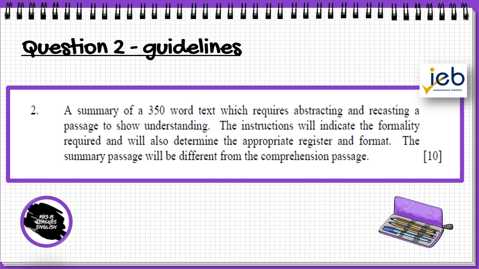L, what kind of language you must use. A, who is the audience that you're writing for. And P, what is the purpose of the text. It is absolutely crucial that you follow the instructions to question 2 to the letter.